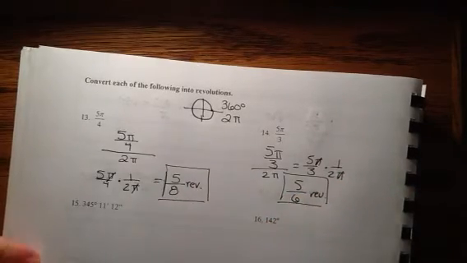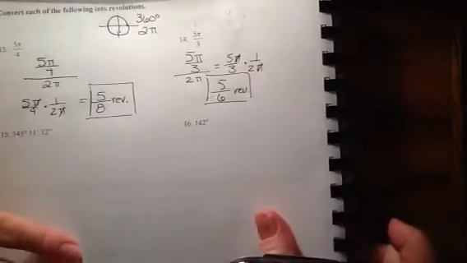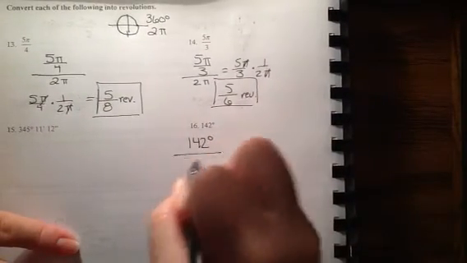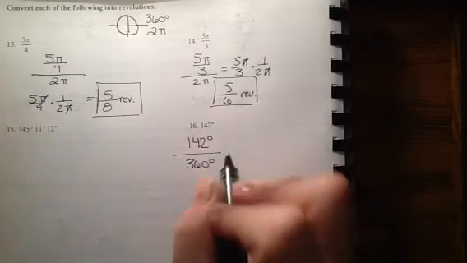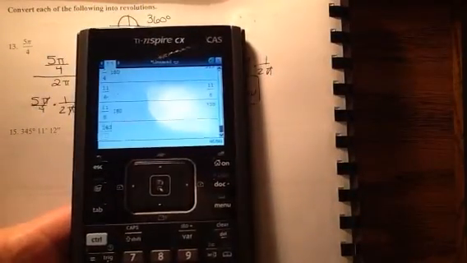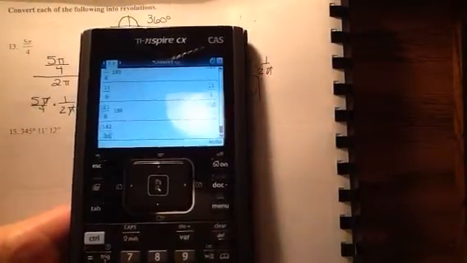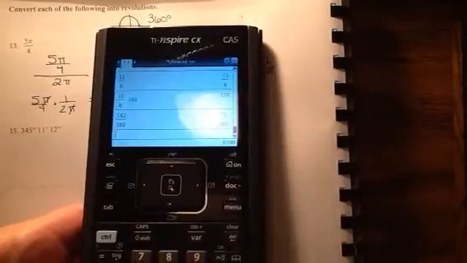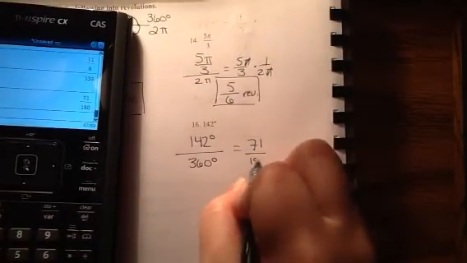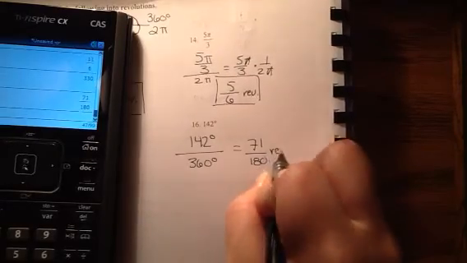I'm going to skip number 15 for a second and come back to it. 16 gives you 142 degrees out of your entire 360 degrees. It's not a pretty number, so I'm going to use my calculator to reduce. I'm just going to type 142 over my 360. So I've gone 71 over 180ths revolutions.